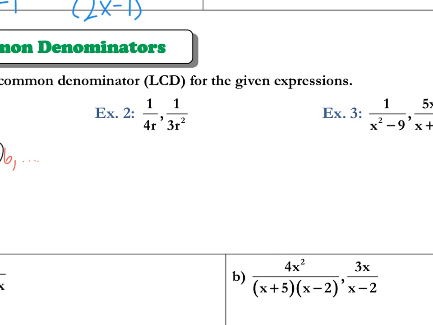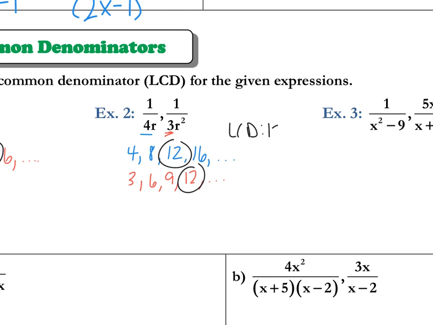This is going to have a little bit more work in it since there's variables in it, but we're going to approach it the same way. So let's start listing out the multiples of 4. List out the multiples of 3. And you will see that the first one they share in common is 12. Okay. And just like you would for the numbers, you do the same thing with the variables.